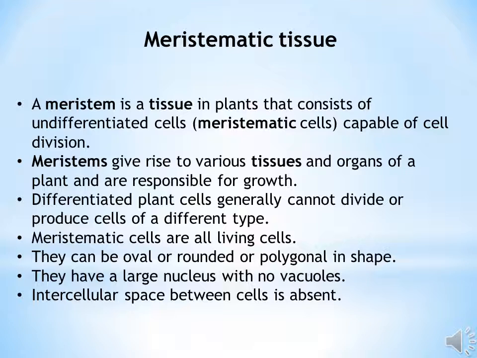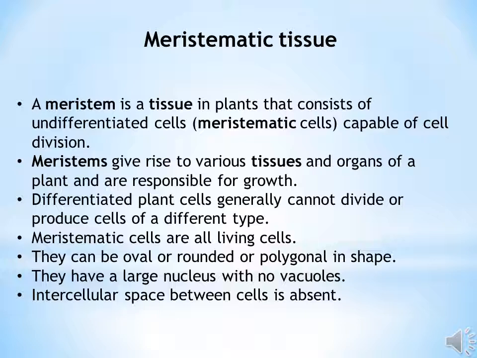Now children, let's know more about the meristematic tissue. A meristem is a tissue in plants that consists of undifferentiated cells capable of cell division. That means these cells are not differentiated into any particular cell type. They just have to keep on dividing into more and more cells.